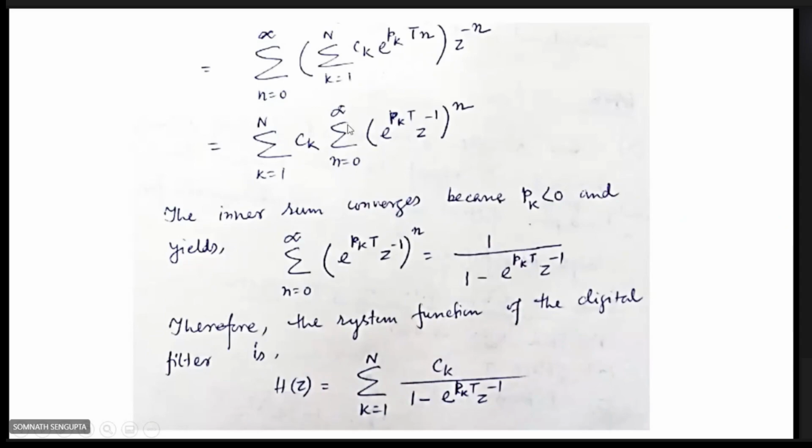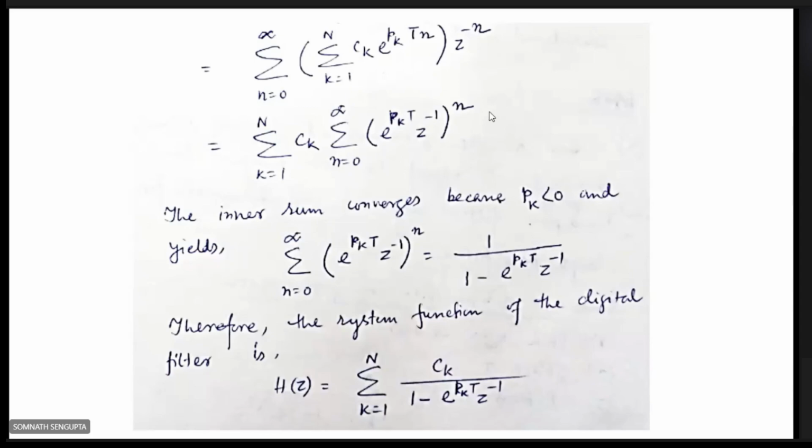Ck comes out because it is a constant coefficient, and the summation of e to the power pk T z inverse, to the power n, remains. Both z inverse and e to the power pk T are kept under the bracket, with power n.